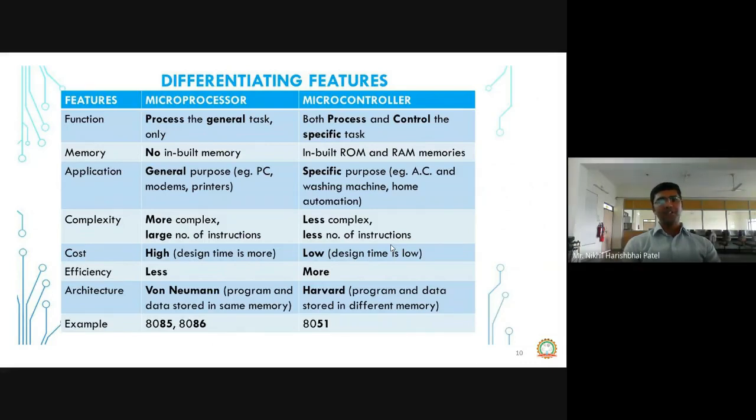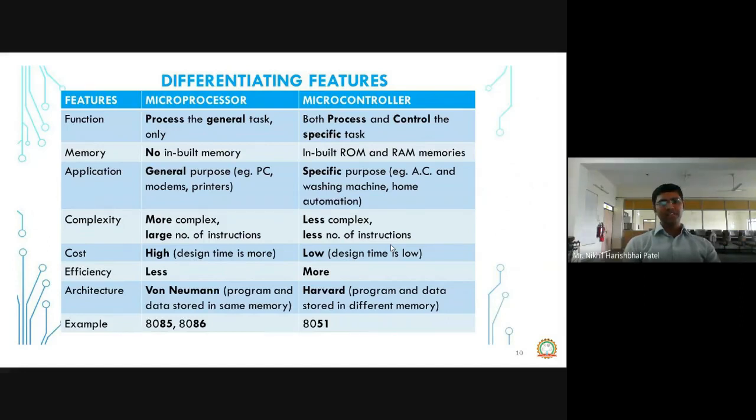We have to connect it externally, but microcontroller has inbuilt RAM, ROM, different types of ROMs are already available in the latest AVR controllers. The application of a microprocessor is a PC, modems, printer.